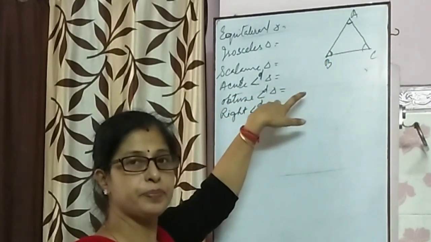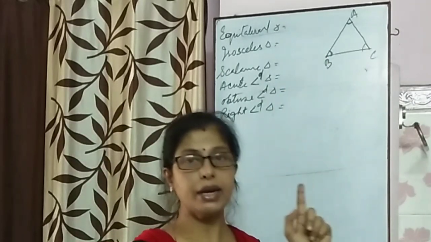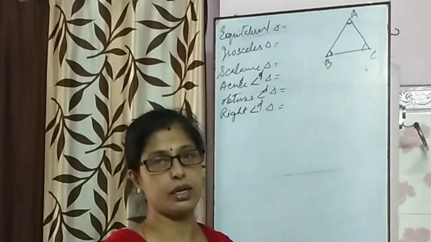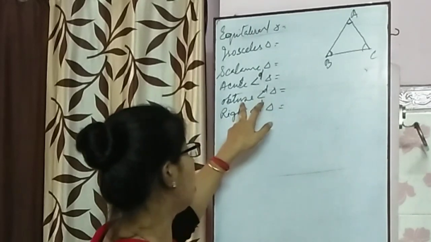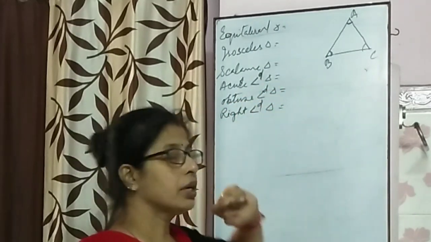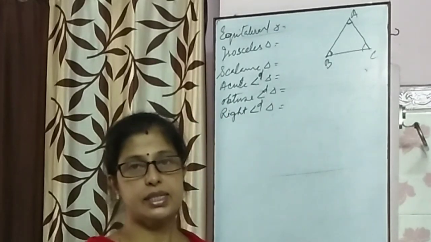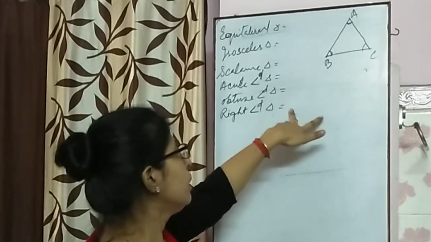Obtuse angle triangle: if the measure of one angle, not each, not all, any one angle of a triangle is more than 90 degree, then it is called obtuse angled triangle. Right angle triangle: if the measure of one angle is a right angle, that means 90 degree, then it is called right angle triangle.